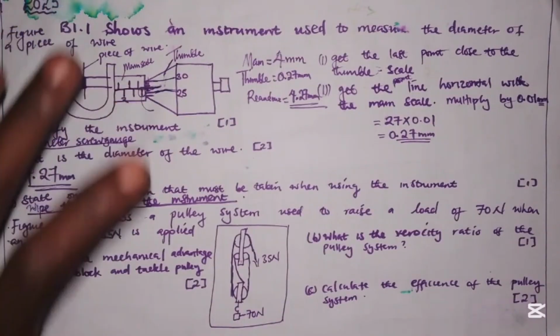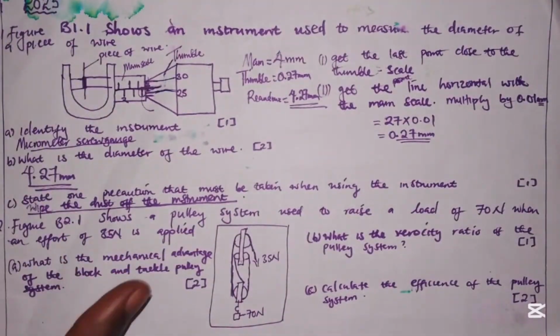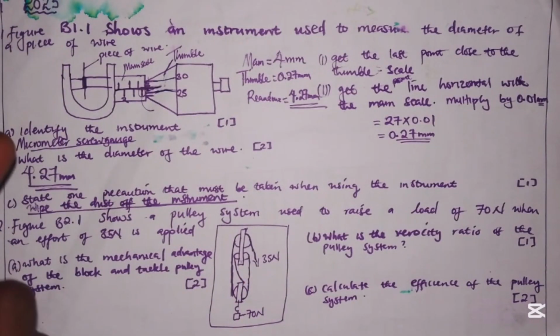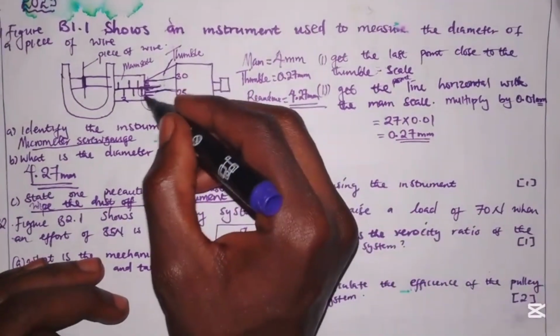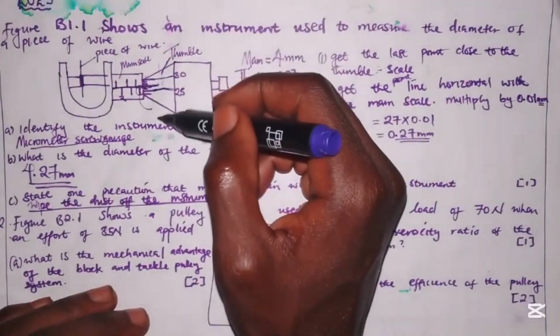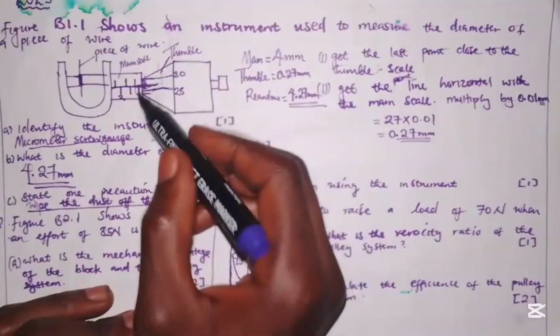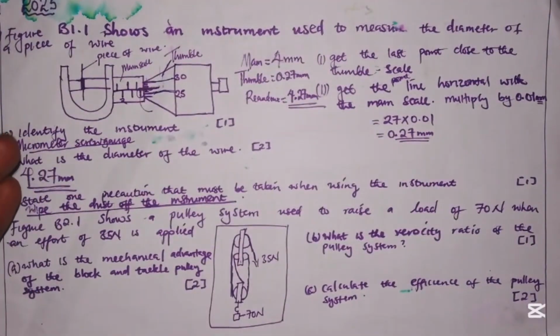Yeah. So again, to summarize, this is the micrometer screw gauge. It has 2 scales, the main scale and the thimble. How do you read the main scale? So for us reading the main scale, we get the point close to the thimble, which is this one. Then how do we read the thimble scale? We get the point horizontal with the main scale.